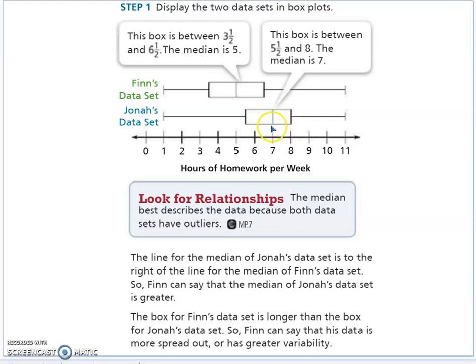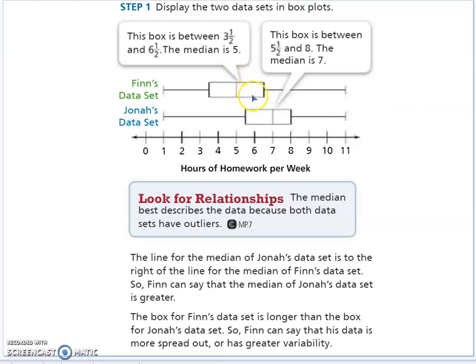So that means Jonah's students, at Jonah's school, spend more time doing homework. Okay. If we look a little bit further, look at the box for Finn. The box for Finn is wider than the box for Jonah, so that means there's more variability. Okay, it means it's spread out more.